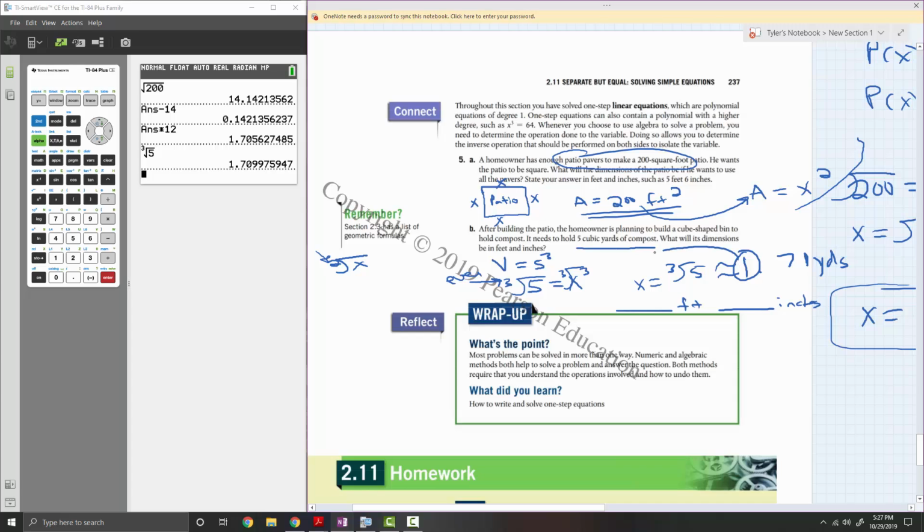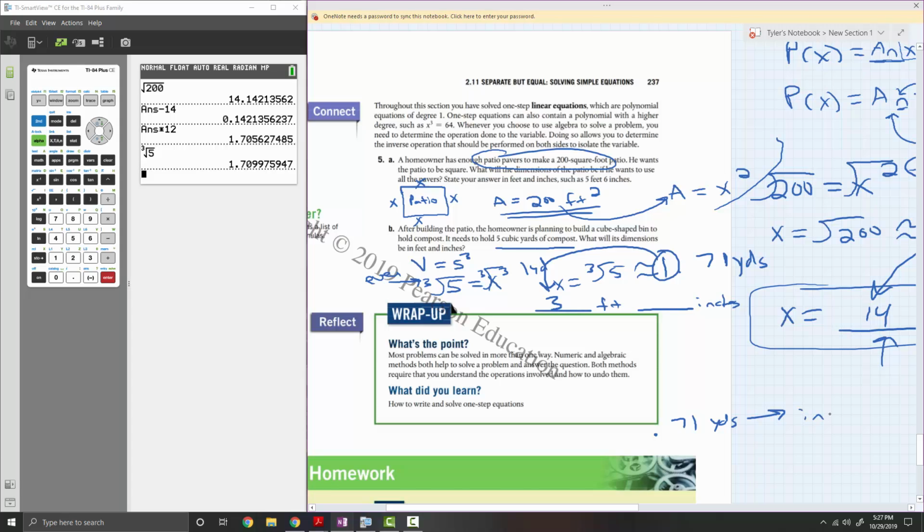An easy thing to do is take this 1 yard, which is 3 feet, and write 3 feet here instead of the 1 yard. But then I have this 0.71 yards, roughly.